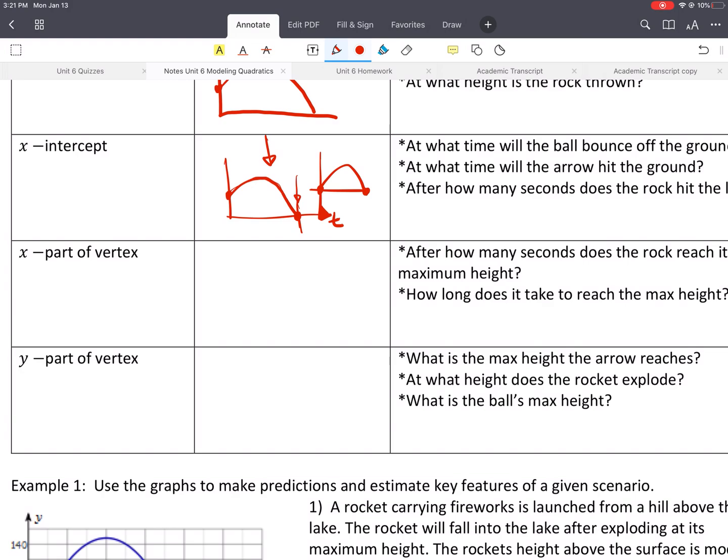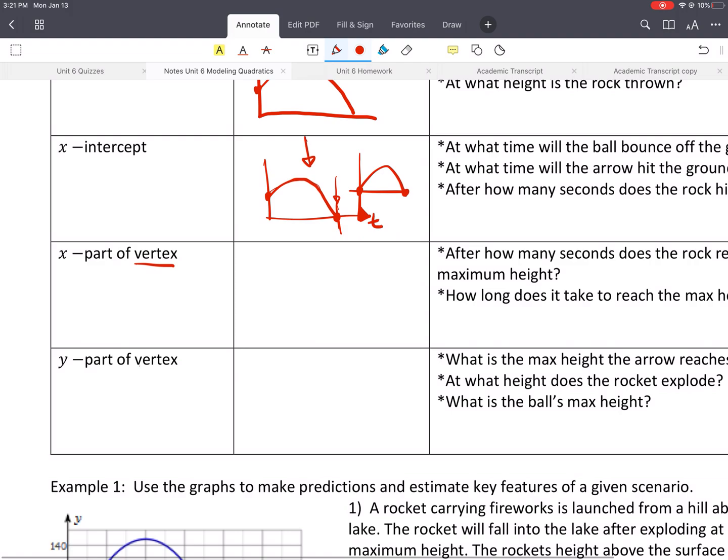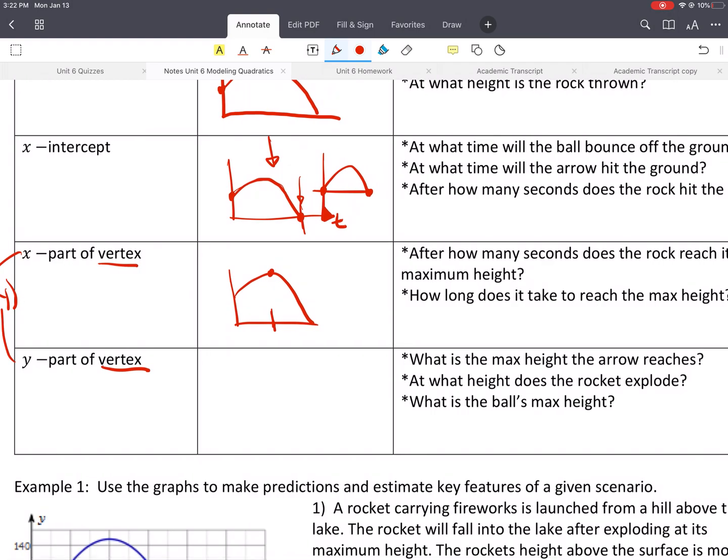Okay, and then both of these are talking about the vertex, but one is the x, like if we're talking about the vertex (x, y). So if we're talking about the x part of the vertex, if we had a little graph, something like this, the x part of your vertex is something like, after how many seconds does the rock hit its maximum height?